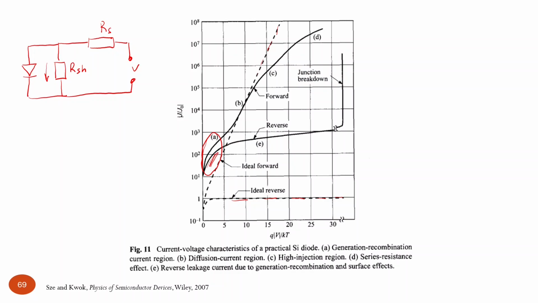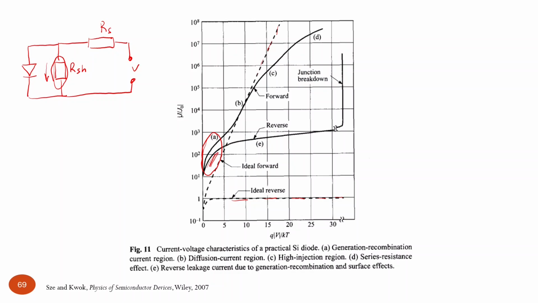If it matters for forward direction only at a very low bias, then for reverse current it actually matters because it's supposed to be very small. So we will always have some contribution from this shunt resistor, which will result in increased current through the device.